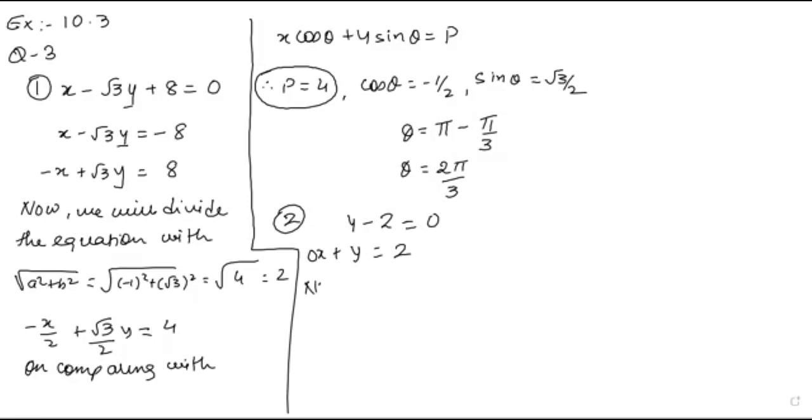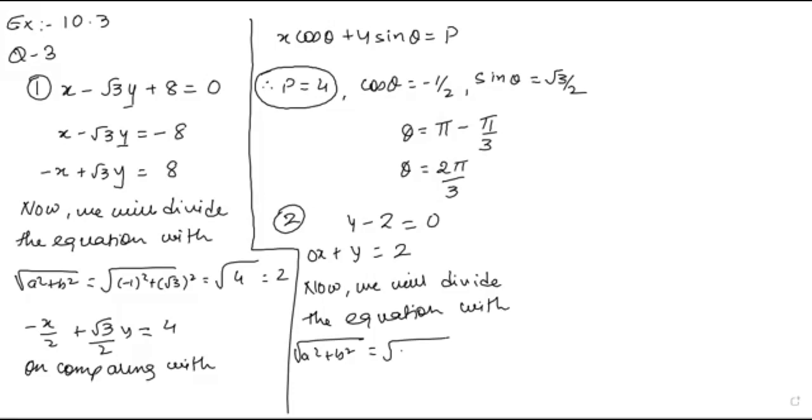Now we will divide this by square root a square plus b square, 0 square plus 1 square, that is 1 only. So if it is 1, no need to divide it with 1.